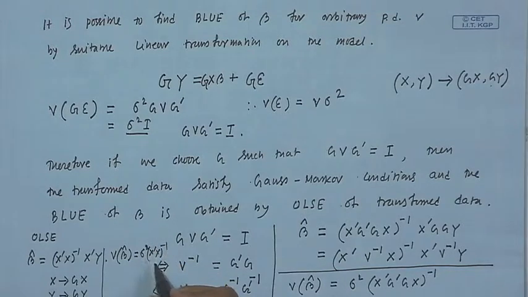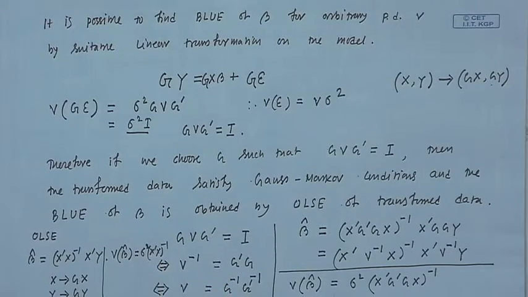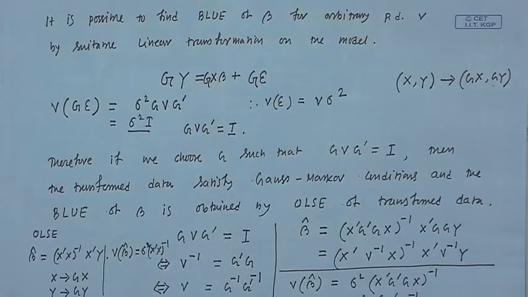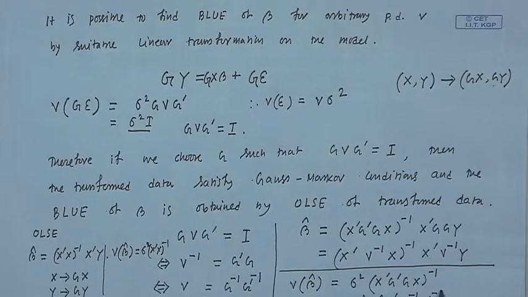So, what we are doing here is just replacing X by G X, and in terms of V, this can be written as sigma square X prime V inverse X inverse. Okay, so this one is the generalized least square estimator of the regression coefficient, and here is the variance.